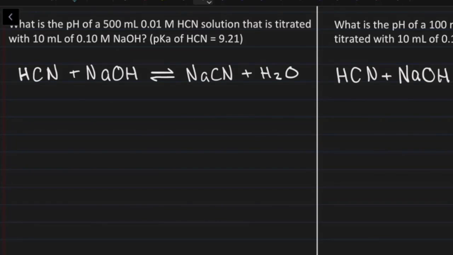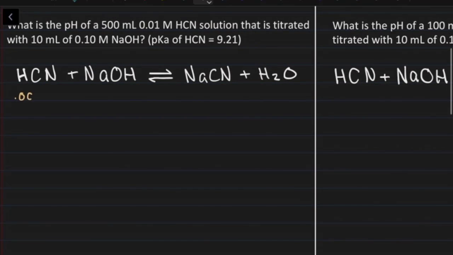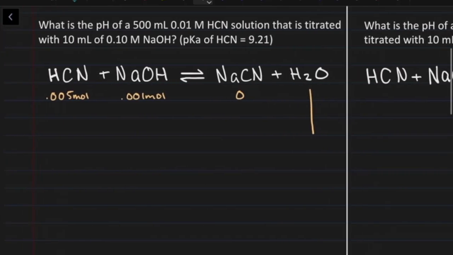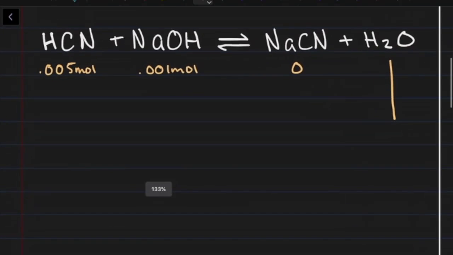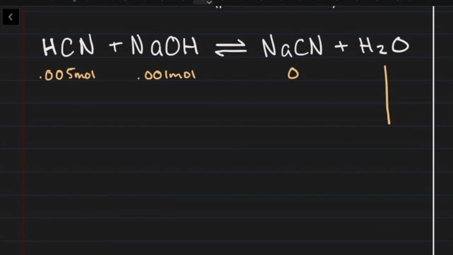So the first thing that we want to do is get our moles of each of our reactants. So our HCN will be 0.005 moles. For NaOH, we'll have 0.001 moles, and then our NaCN number of moles will be 0 at the beginning. We don't care about H2O because it's a liquid, so now what we can do is subtract our least number of moles.